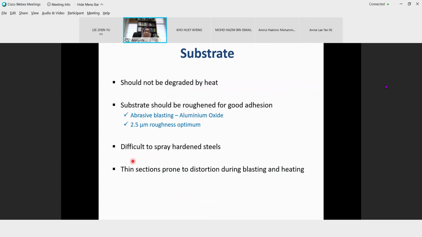It's not that you cannot, but it's difficult; you have to modify the surface roughness. And for thin sections, if you do a heating process, definitely senang warp, right? Dia senang warp ataupun distort. So thin sections have to be handled carefully when you use this type of spray.